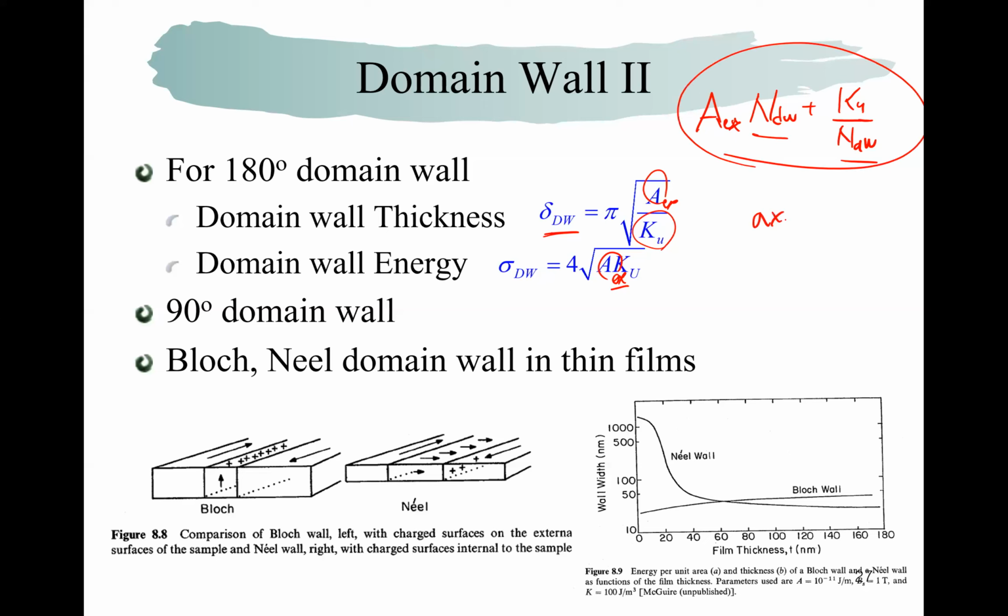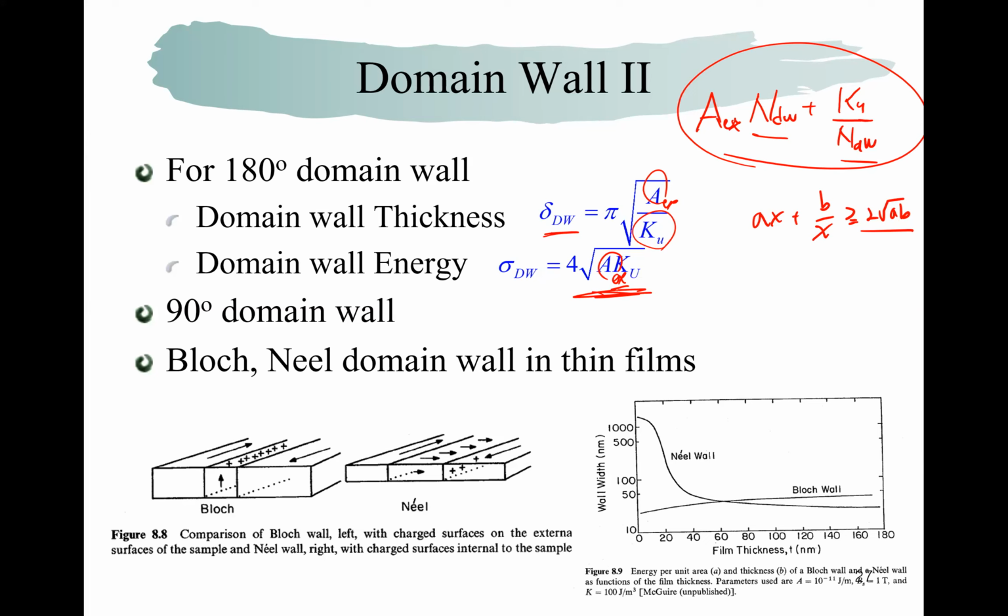This is a very simple mathematical example, I believe you learned it in high school. They form something like this. So this is a very simple derivation of this domain wall energy.